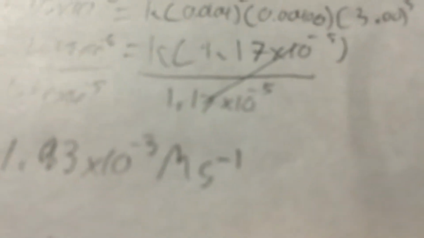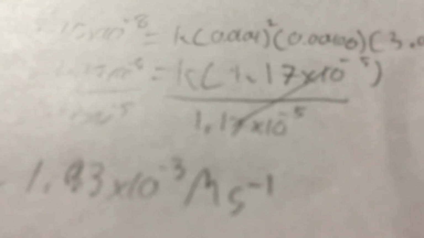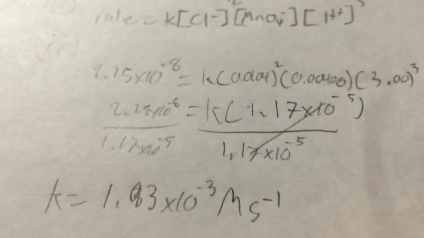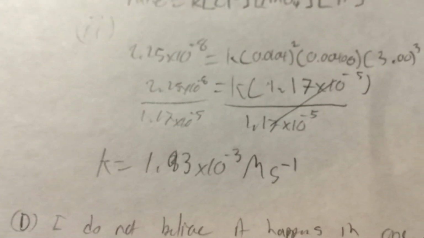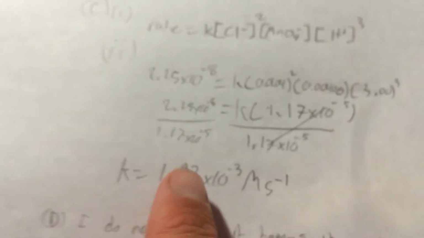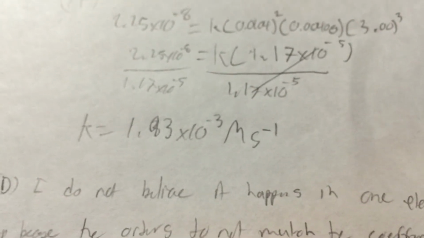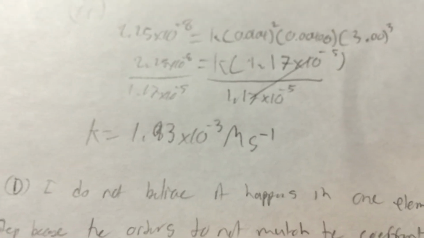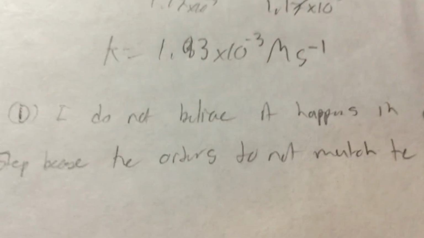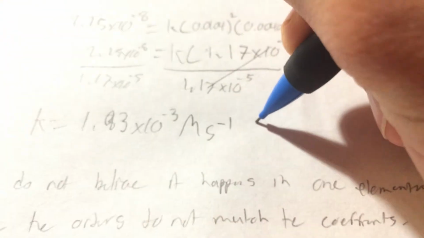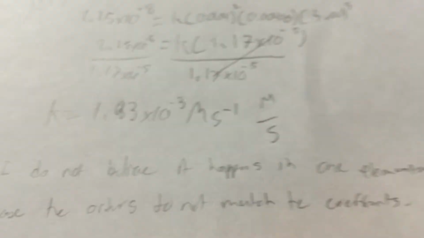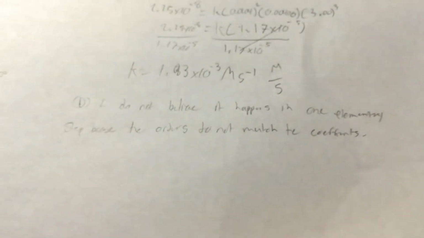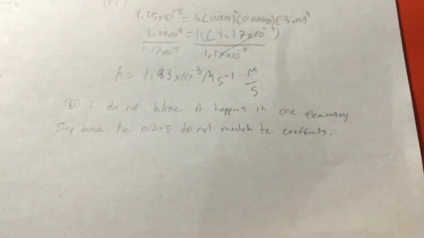And then you get 1.17 times 10 to the negative 5th power, so you divide that by both sides to cancel it out, and you get 1.93 times 10 to the negative 3. I believe that's molarity per second, or M over s, I believe, written a different way. And I'm not sure if that unit is right, though.